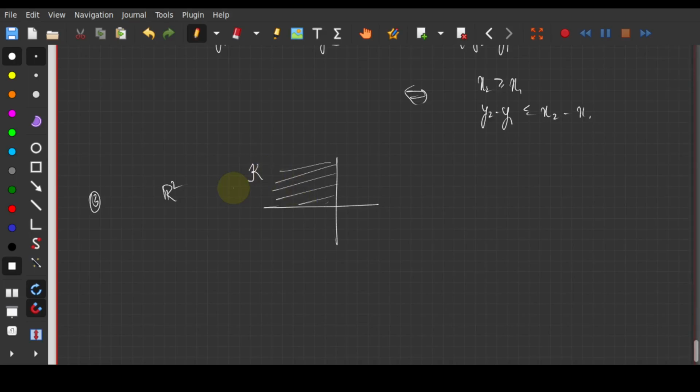For example's sake, I'll take K to be the second quadrant. Then what does it mean for (x1, y1) to be less than or equal to (x2, y2)?